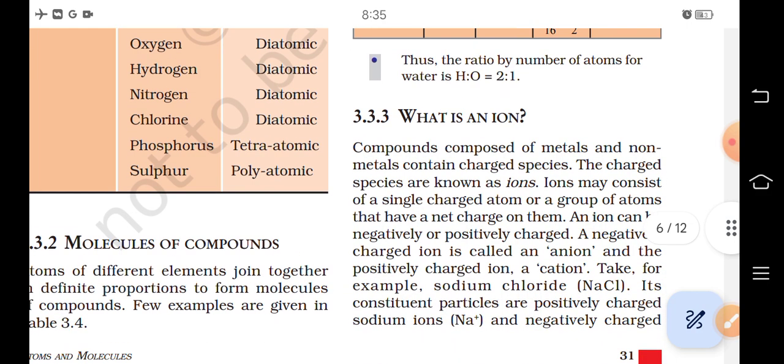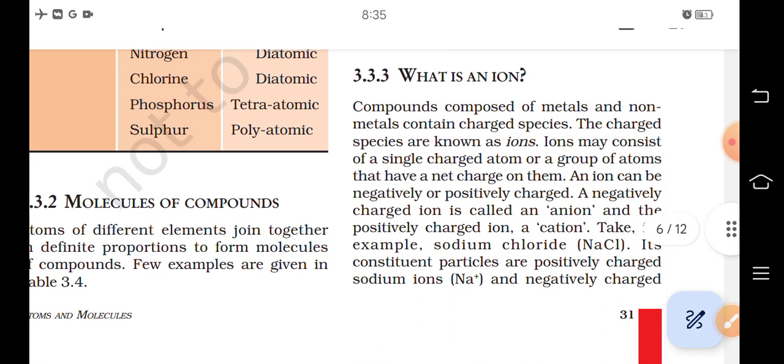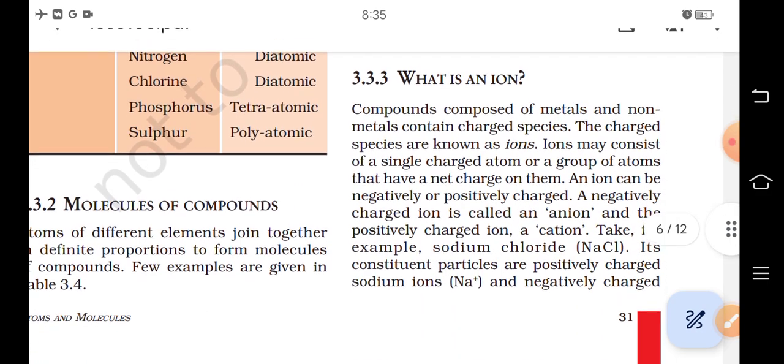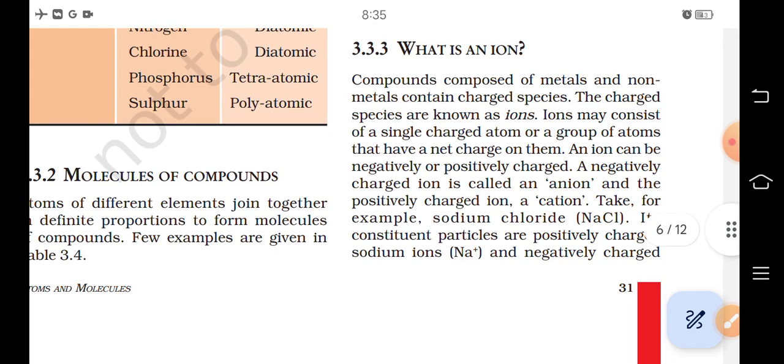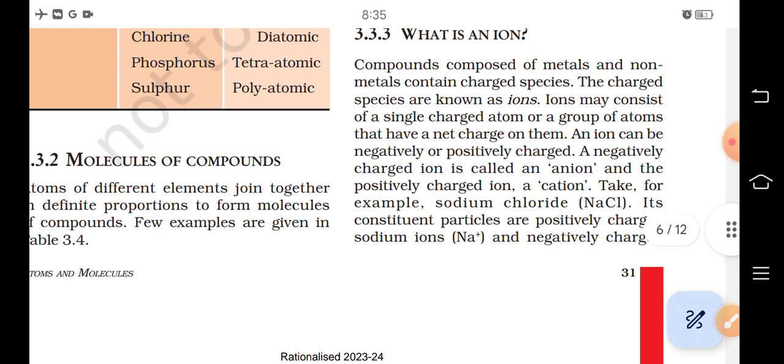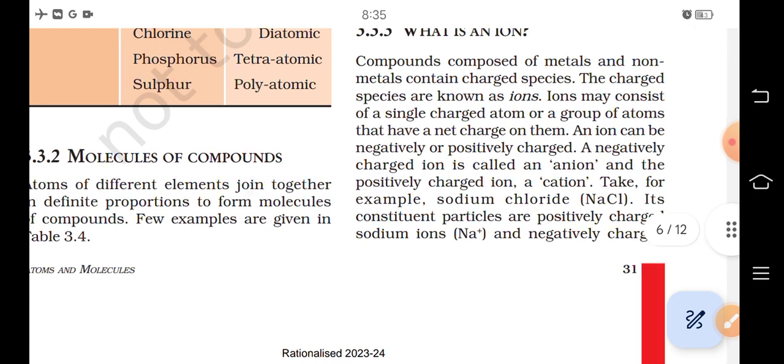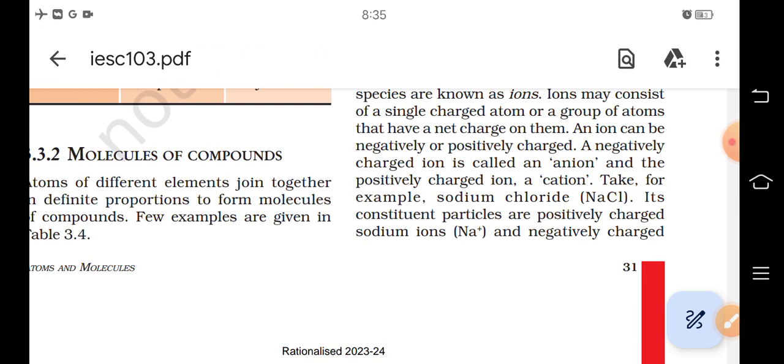What is an ion? Compounds composed of metals and non-metals contain charged species. The charged species are known as ions. Ions may consist of a single charged atom or a group of atoms that have a net charge on them. An ion can be negatively or positively charged.